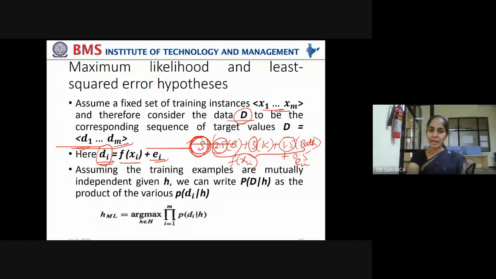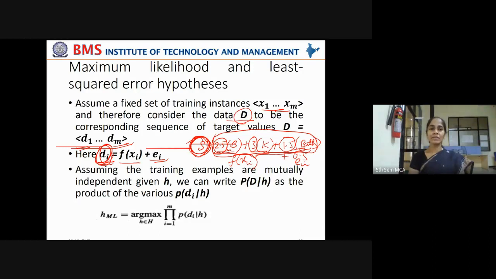Okay, so this entire thing is your f of xi, the linear equation that is built from the training examples by the machine learning model, and that is nothing but the coefficients associated with each of your parameters plus the error associated. That will be your predicted sale price. That is nothing but your di.